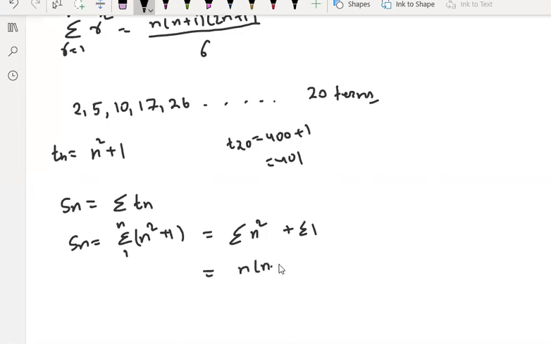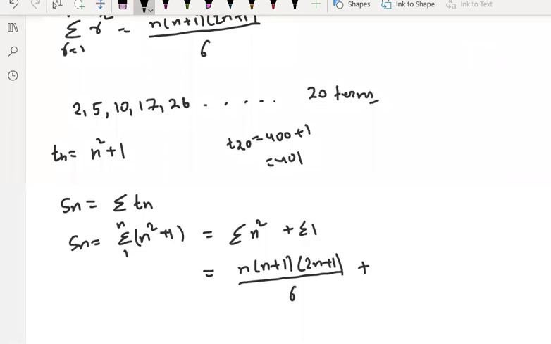It is n into n plus 1 into 2n plus 1 by 6 plus summation of 1. If we add 1 n times, 1 plus 1 plus 1, n times, what will we get? Yes, very good.